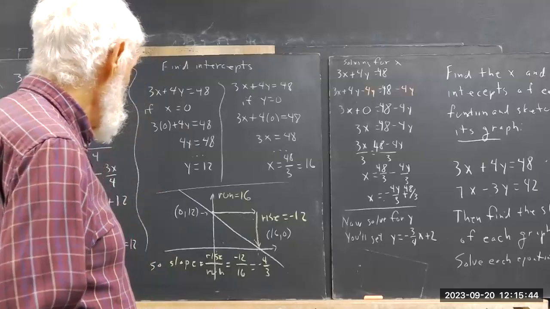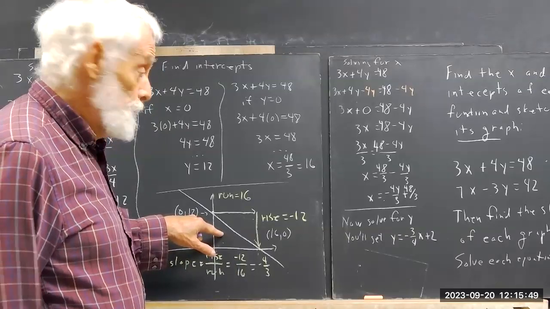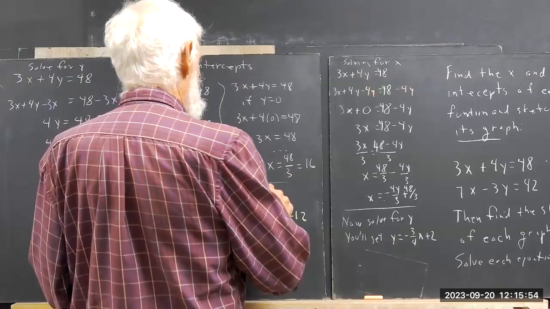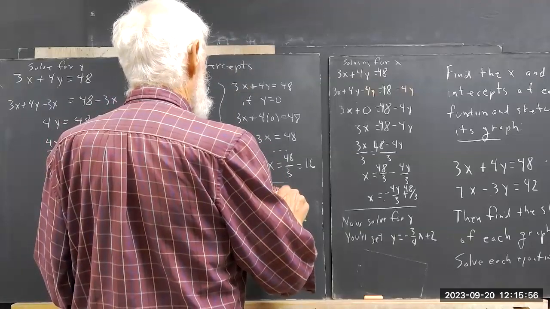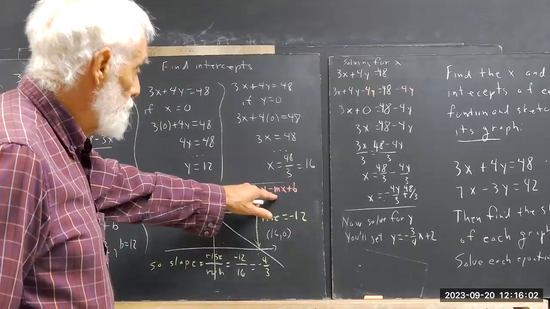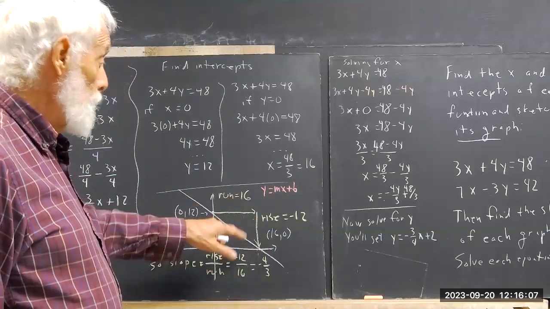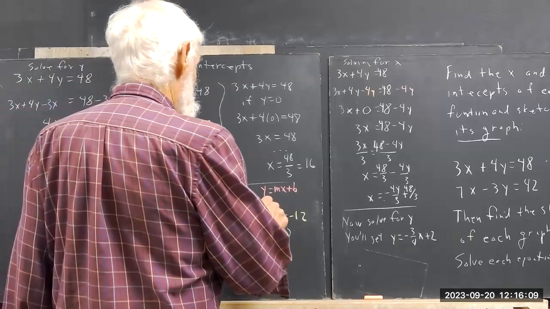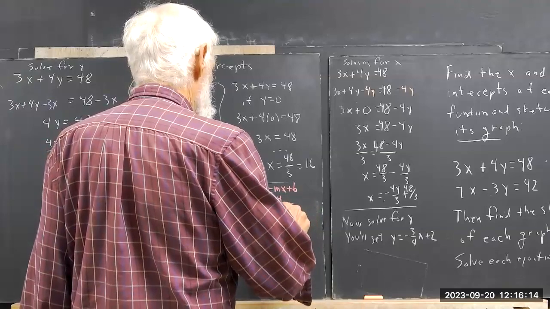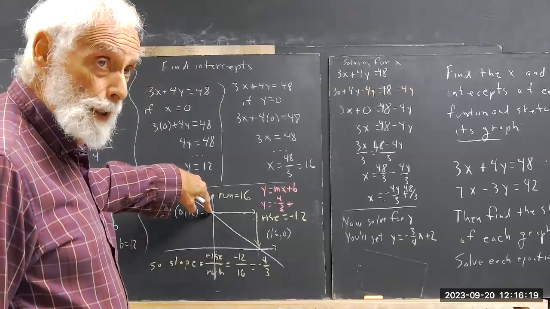The equation of the line here is in slope-intercept form, y equals mx plus b. What's m? m is the slope. What's the slope? Well, right here is all the calculation and the indication of what it means. It's negative 4/3. And what's the y-intercept? It's the y-coordinate where we go through the y-axis, and that's 12.